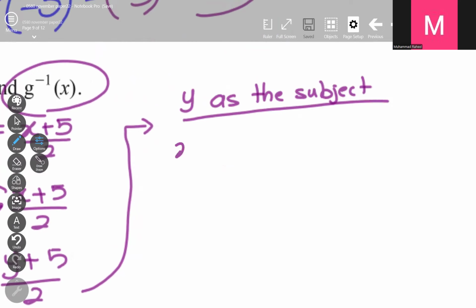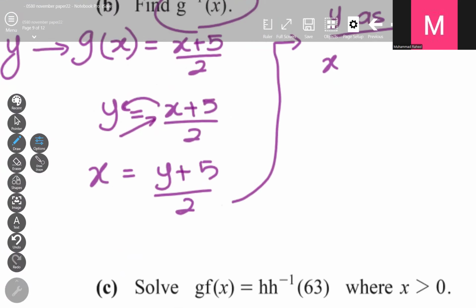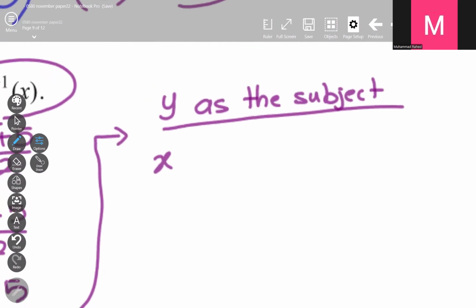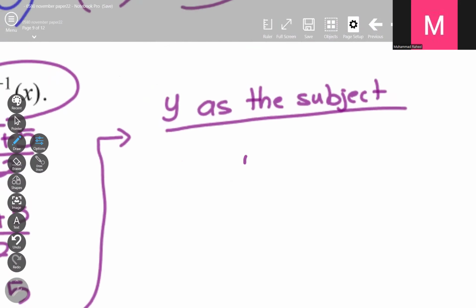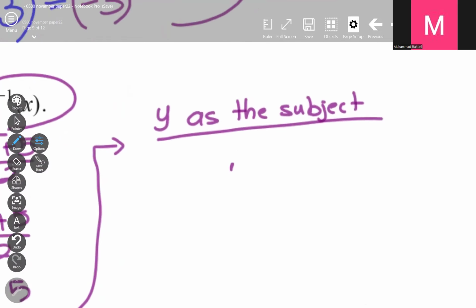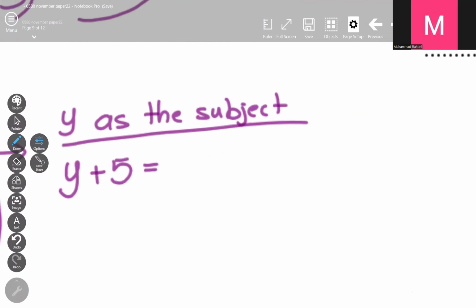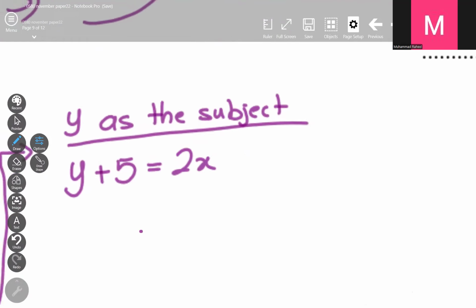So now we can move the 2 to the left side, which makes it times. So we have y plus 5 is equal to 2x.